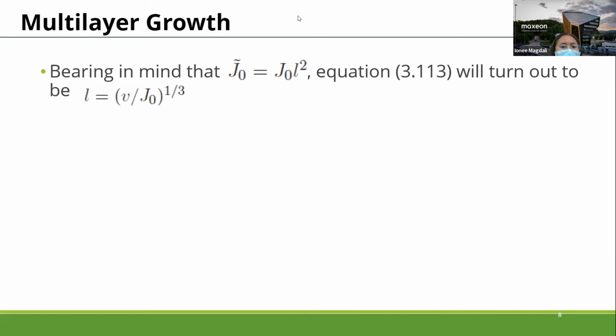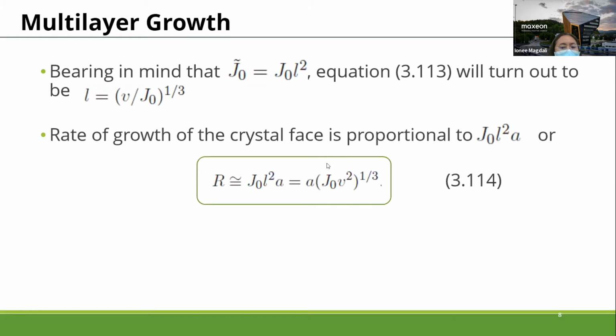Bearing in mind that equation 3.113 will turn out to be L is equal to V over J naught raised to 1/3, we can find the rate of growth of the crystal face proportional to J naught L squared multiplied by A, which is equal to the height of the step originated by the nucleus. So we can get equation 3.114, which is this one.